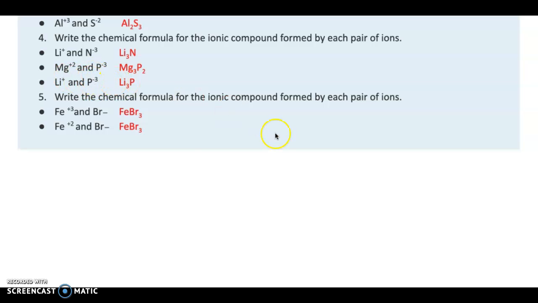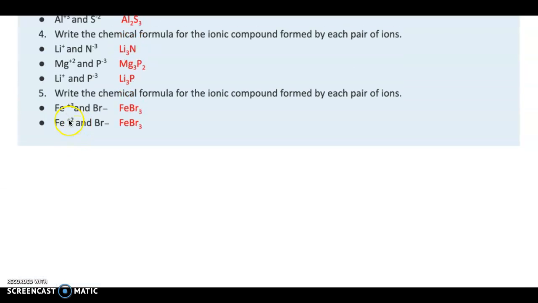Okay, next question is iron that has a charge +3, and there's also iron that has a charge +2. It can happen. Iron can have a +3 and +2. It's called transition metals. So exactly the same type of example. +3, the charge 3 will go for bromide, and over here 2, here's a mistake.